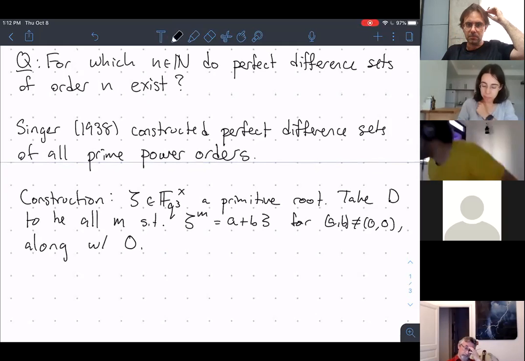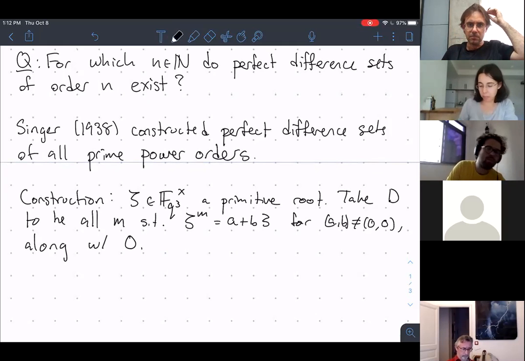And that zeta is a root of an irreducible cubic basically gives you the perfect difference set property.